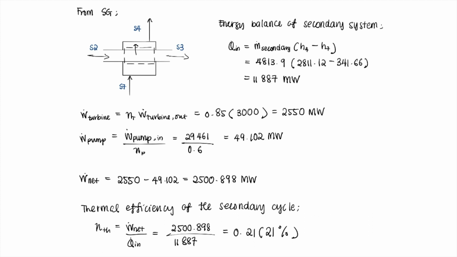The power produced, which is the work produced from the turbine, is around 2,550 megawatt, and the actual power produced is the difference between the work of the turbine and the work of the pump, and we get 2,500.898 megawatt. From this value, we can find the thermal efficiency of the secondary cycle, which is 21%.